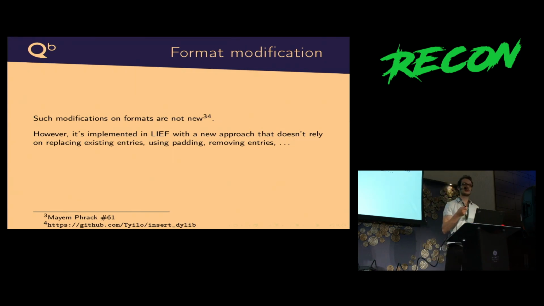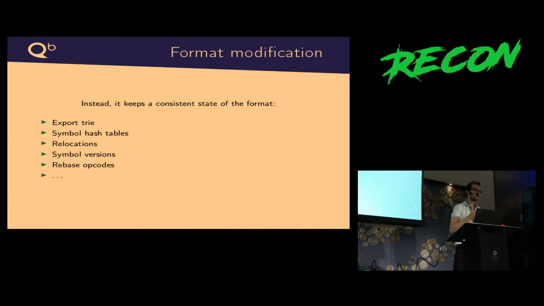We are not using hacks like padding, removing entries, or replacing existing ones. Instead, we keep a very consistent state of the format. For example, when we add a new load command in the Mach-O format, we rebuild the export trie, we patch the rebase opcodes, and so on.